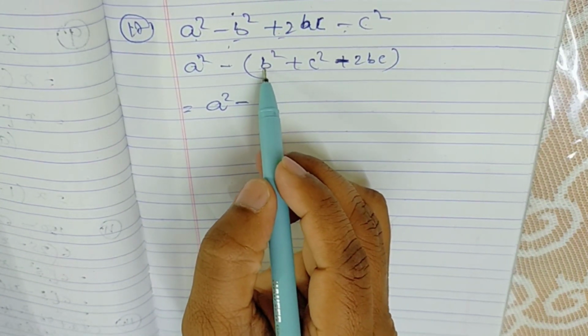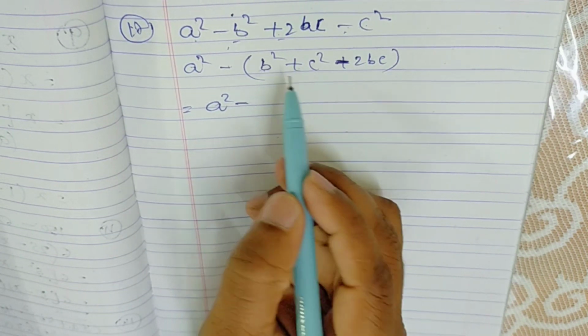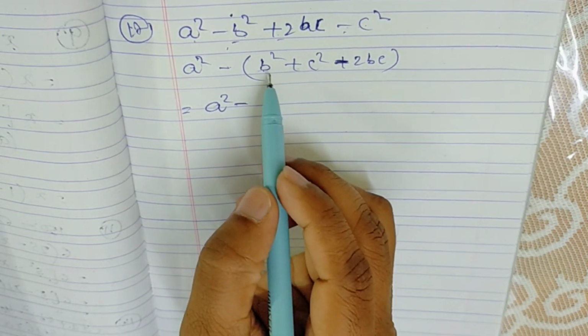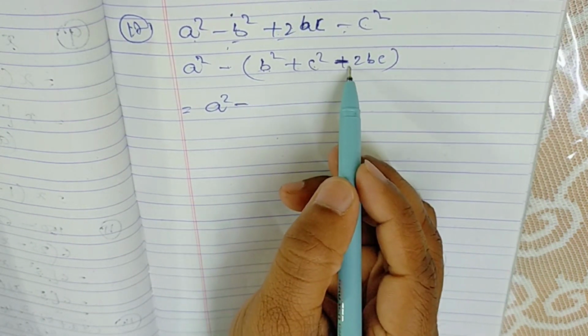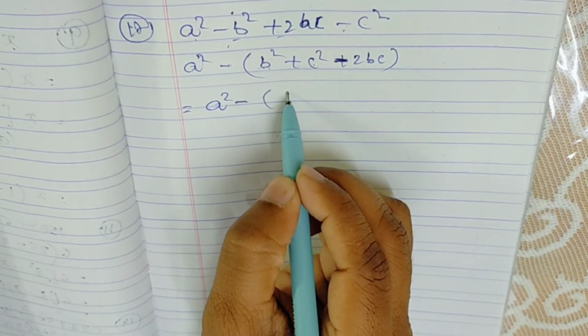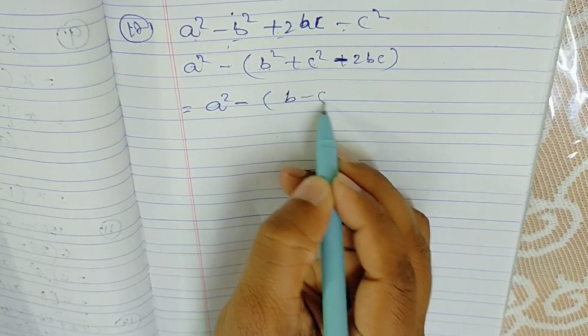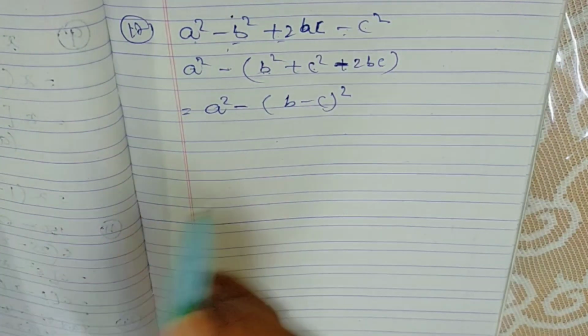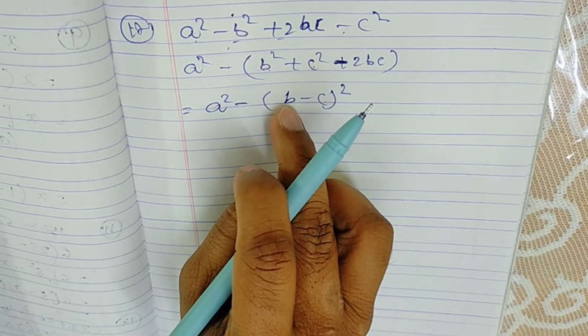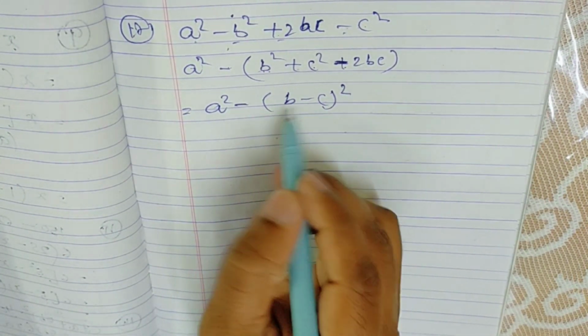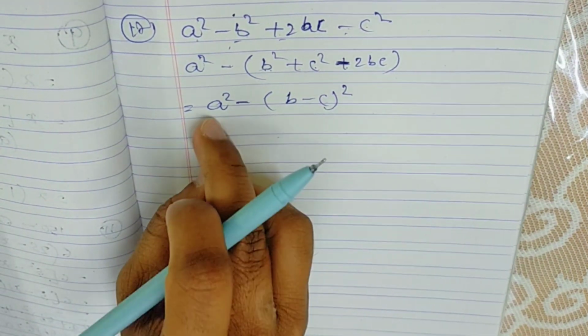This is a formula of a plus b. That means the a square plus c square minus 2bc is a formula of (b minus c) whole square. If you assume b minus c will total, this bracket will be b and this will be a.